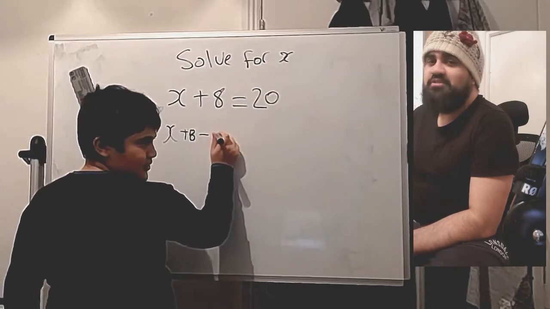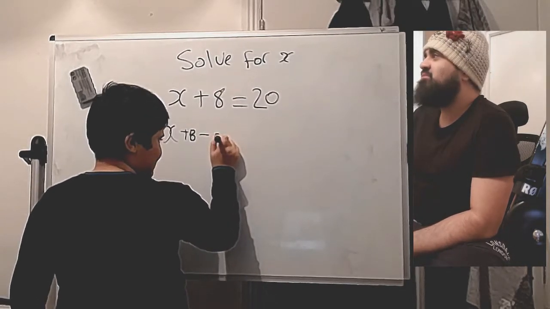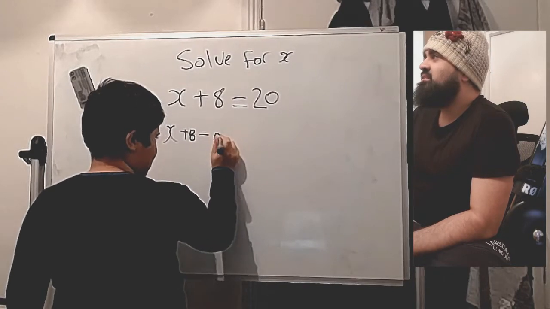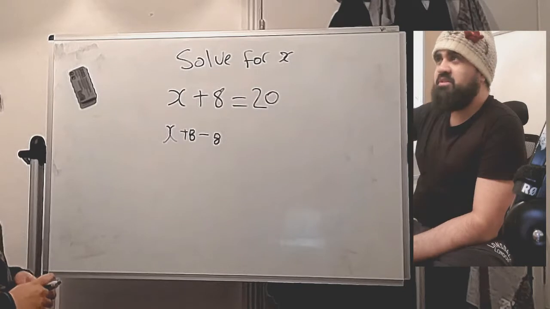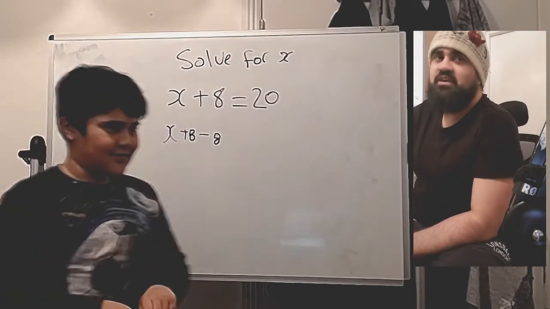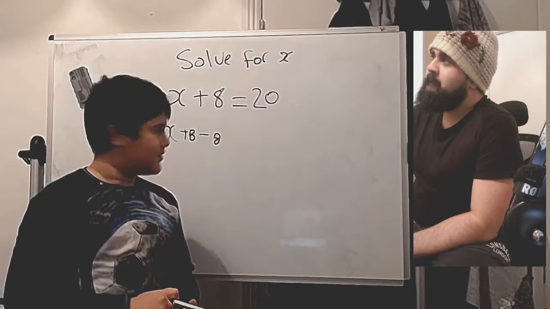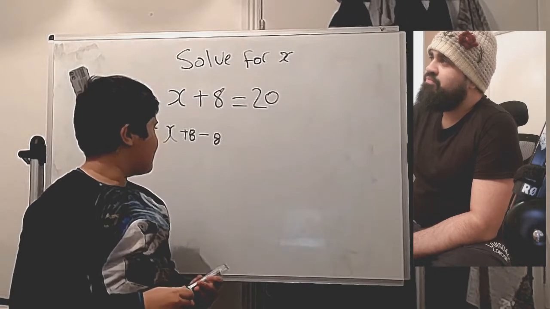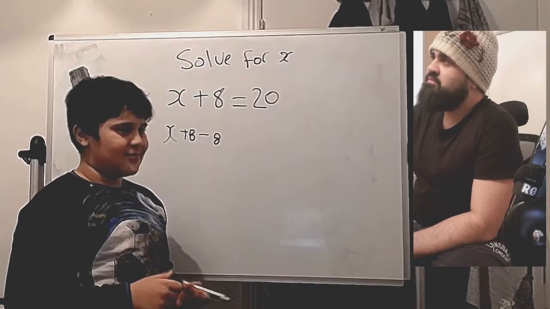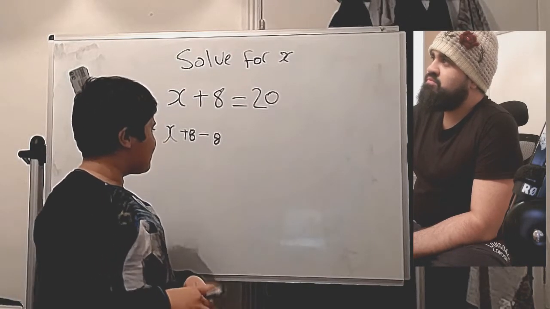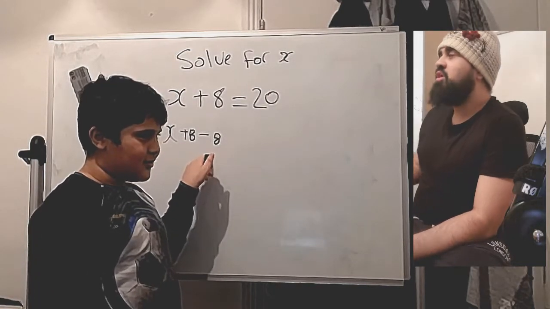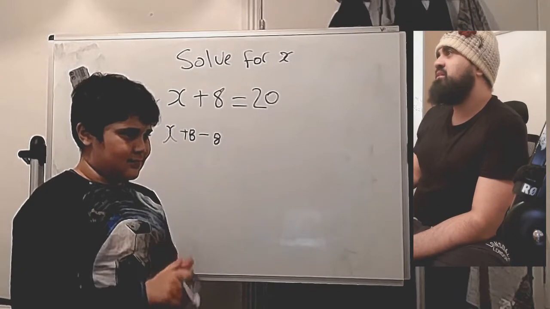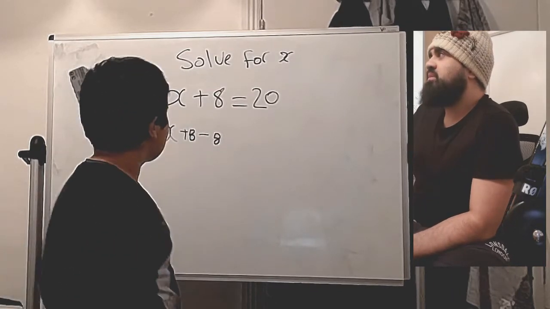I'm not going to give you any clues. Don't look at my face. The answer is not written on my face. So just tell the camera why you did that. Explain it. I know that will be 0. So you're trying to get x by itself, right? Okay. Go on.